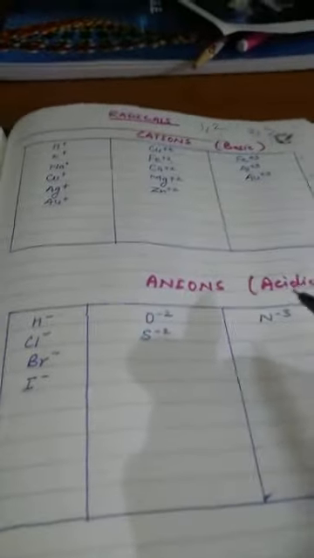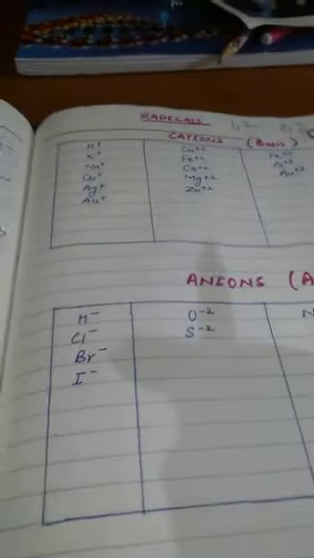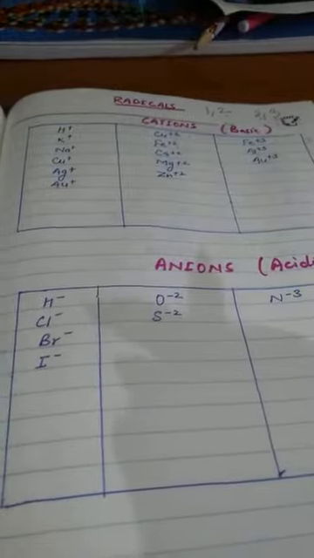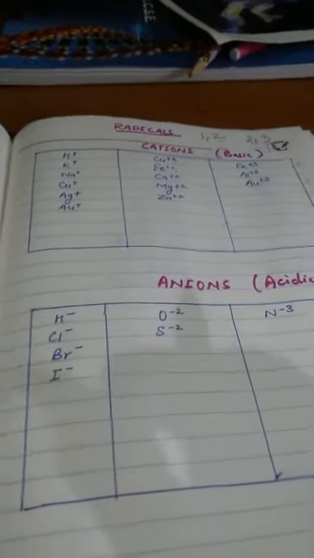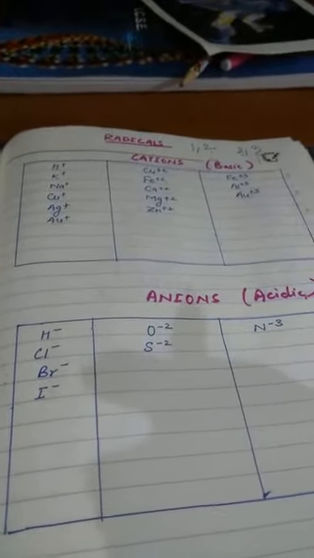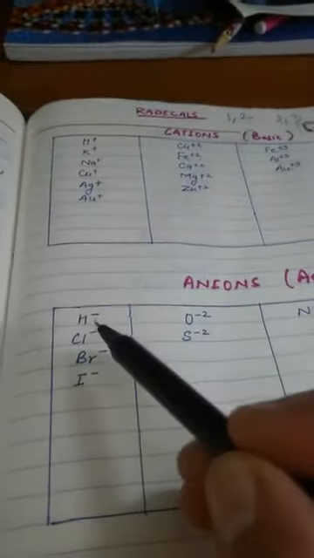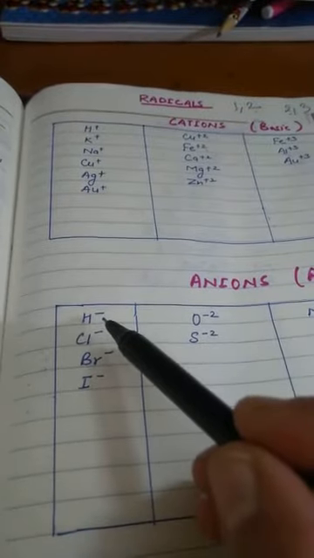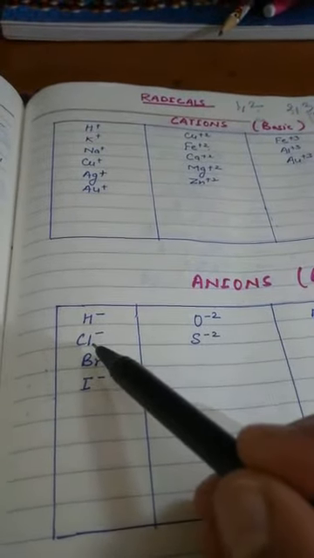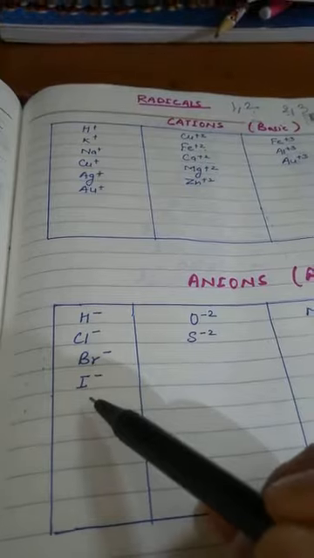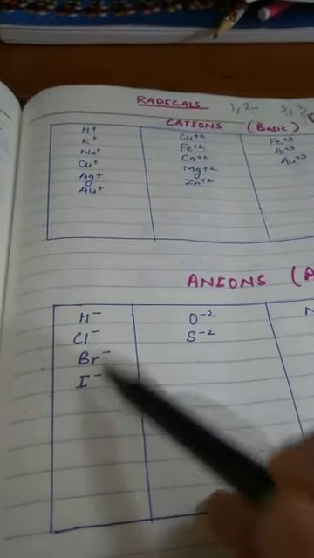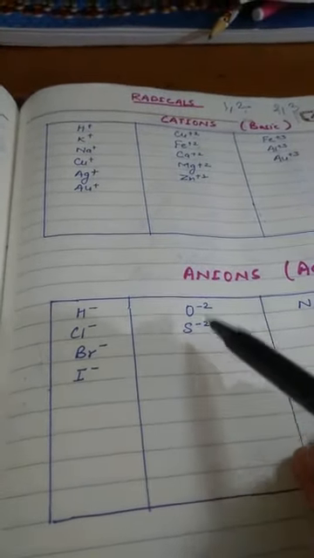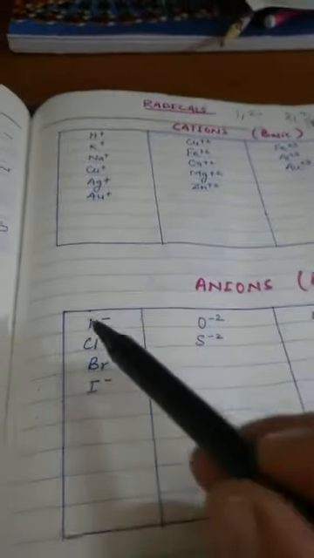Now come anions, which means acidic radicals, negatively charged radicals. One important thing to remember while writing the names of anions is that we always write ide as a suffix, IDE. Hydrogen also forms a negative ion, so hydride ion. This is chloride, bromide, iodide. You can see that the suffix is the same in all these cases: oxide, sulfide, nitride, right?